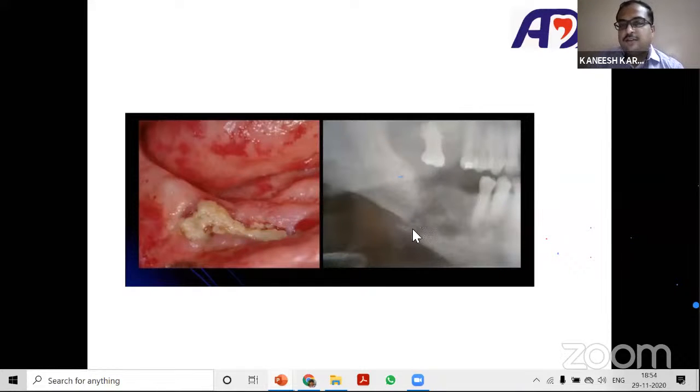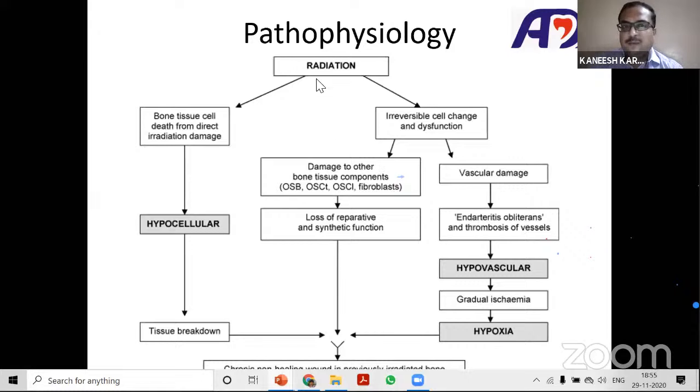There is also a pathological fracture of the bone because of the necrosis. The pathophysiology is that after radiation, the bone becomes hypocellular, hypovascular, and hypoxic, resulting in osteoradionecrosis, because of the endarteritis.